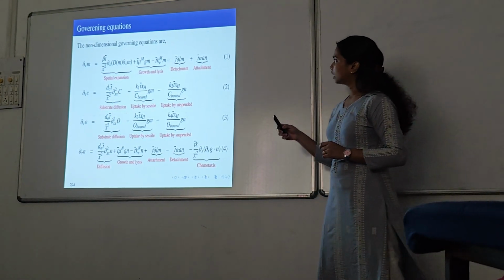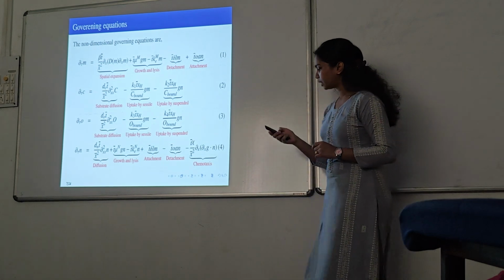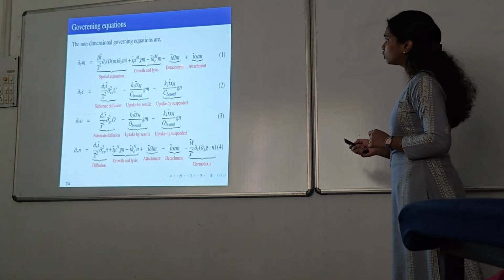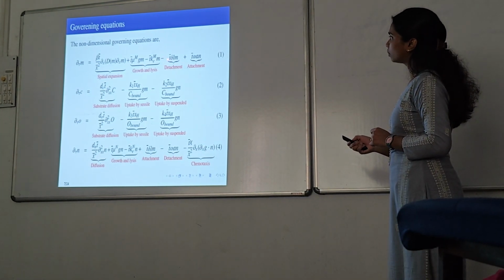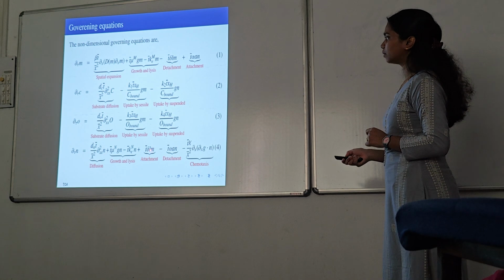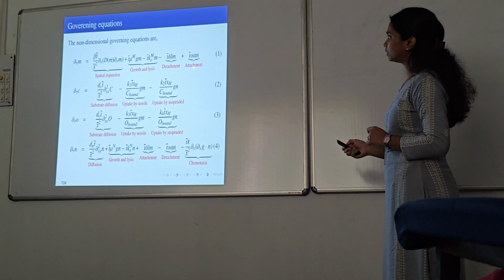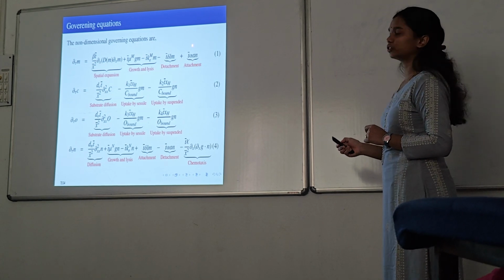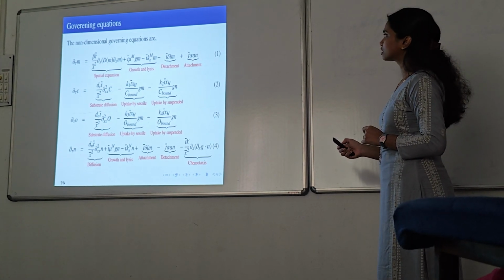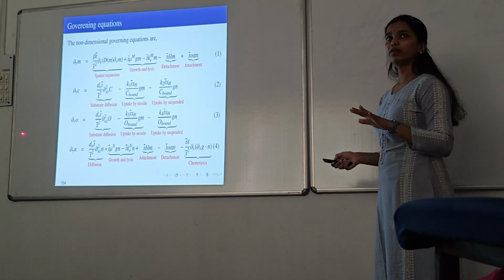Growth and lysis. I want to mention here, as I said, the detachment and the attachment. The term detached from the sessile is getting attached in the aqueous medium, that is for planktonic, and the term attached here at the surface, sessile bacteria, is coming from the aqueous medium.